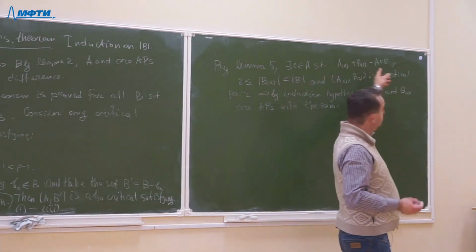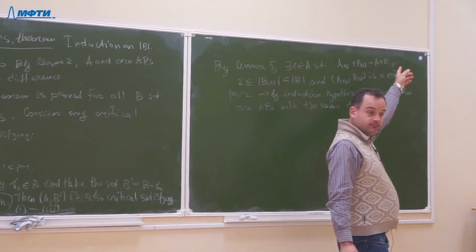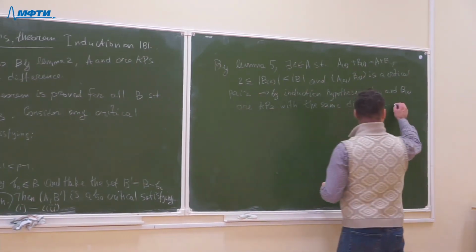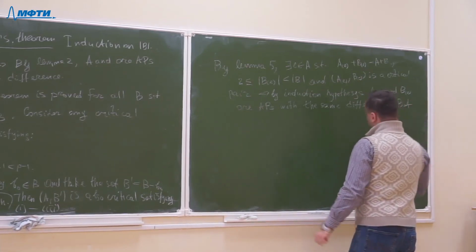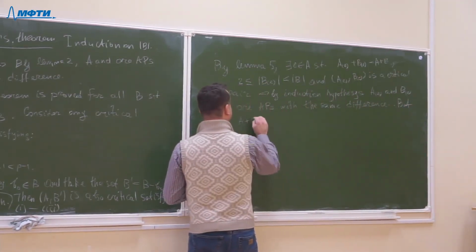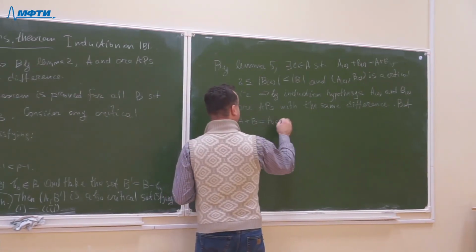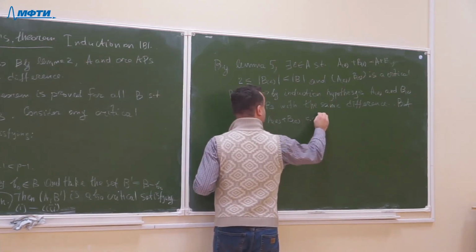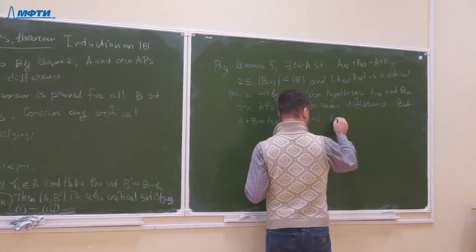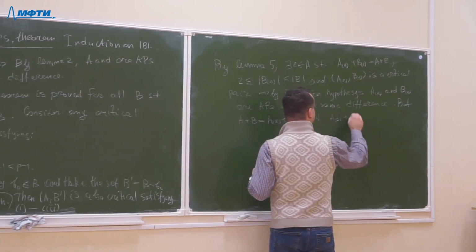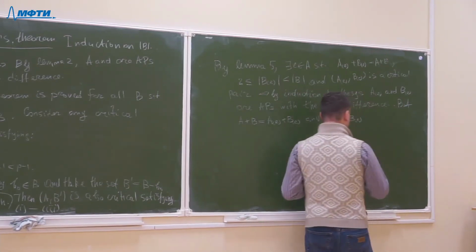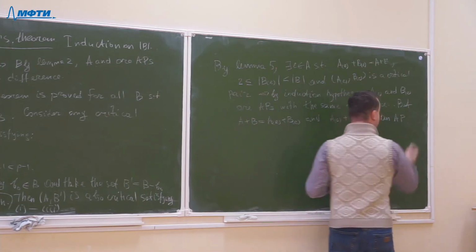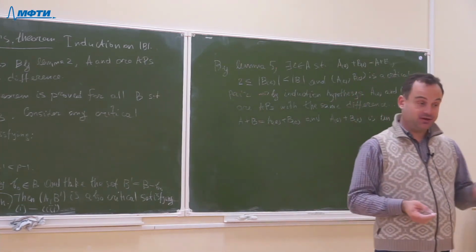But AE plus B is A plus B. And AE plus BE is an arithmetic progression, because we sum up two arithmetic progressions with the same difference.